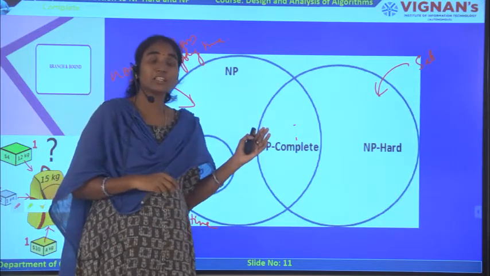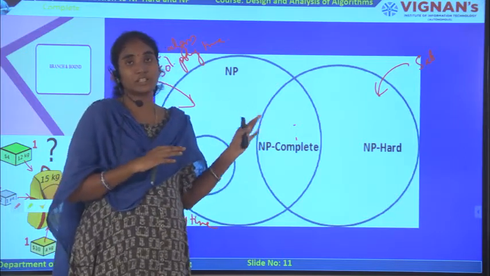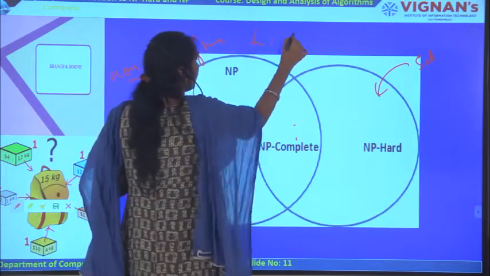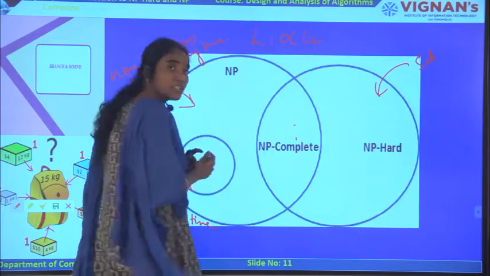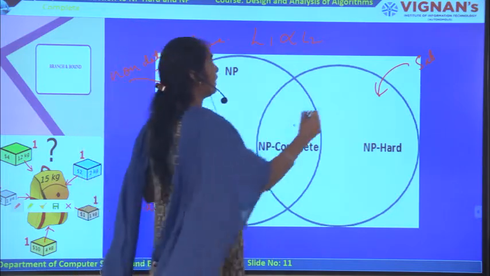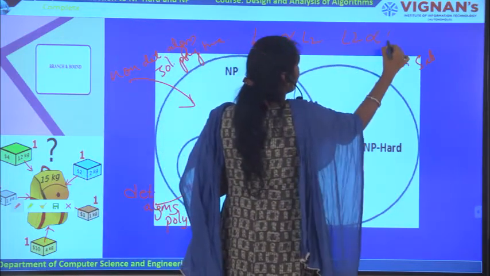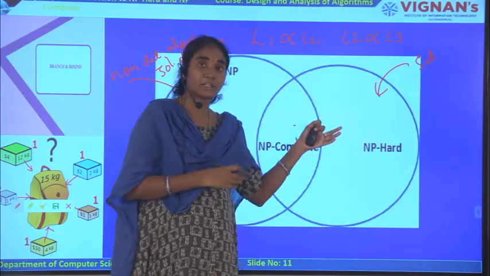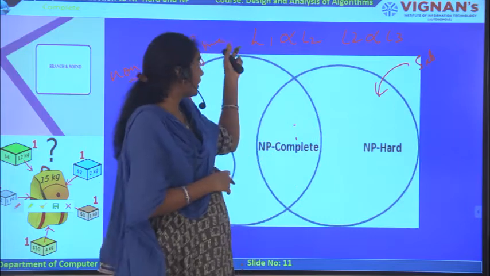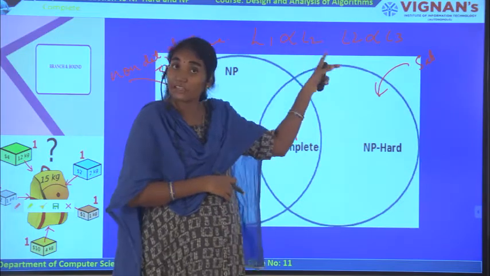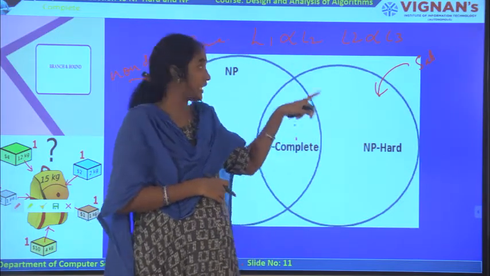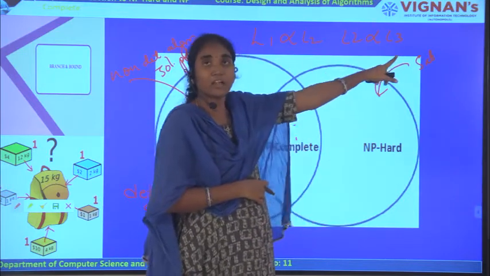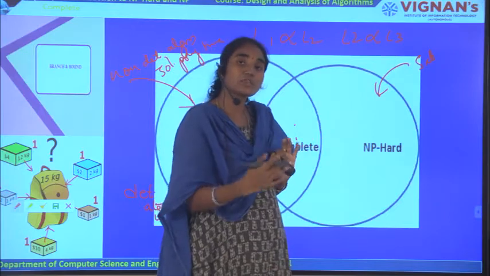And one more thing: L1 and L2 are two problems. If L1 is reducing to L2 and L2 is reducing to L3. For example, for exponential time algorithms, say L1, L2, up to Ln are n problems under exponential time. If L1 is reducing to L2, then L2 is reducing to L3, likewise L3 is reducing to L4.